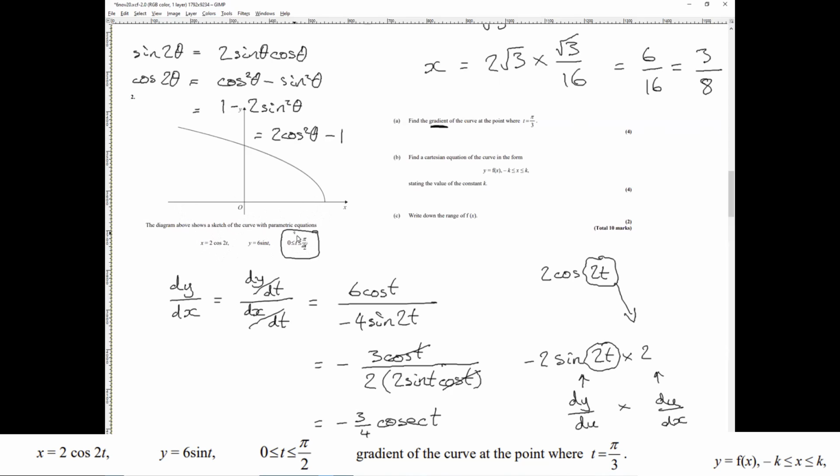When t was equal to 0, we got x equal to 2, and y was 0, because the vertical coordinate of the 3 o'clock mark was 0. So sine of 0 is 0. 6 times that is 0.